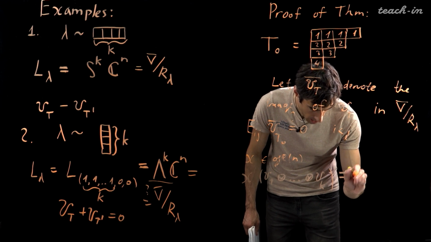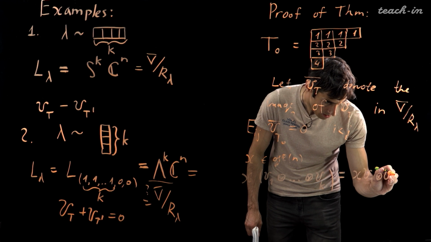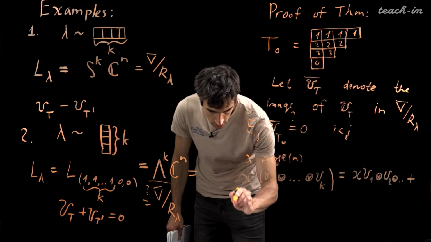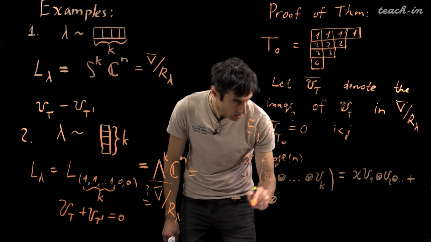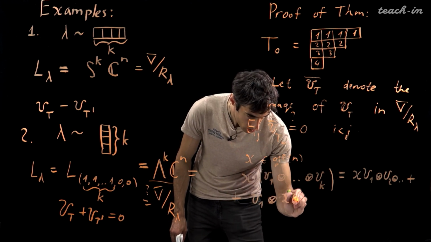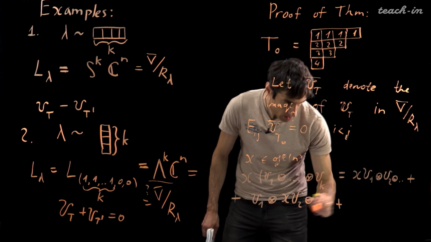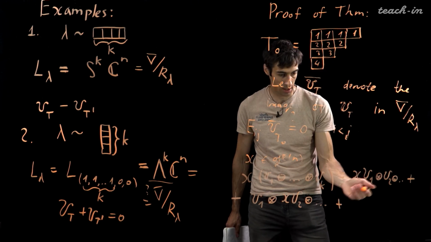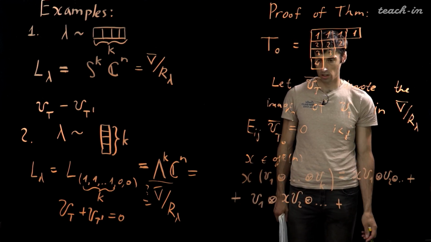So I take x v1 tensor v2, and so on, plus v1 tensor x v2, and so on, plus, and then you continue. So then x on v3 and so on.